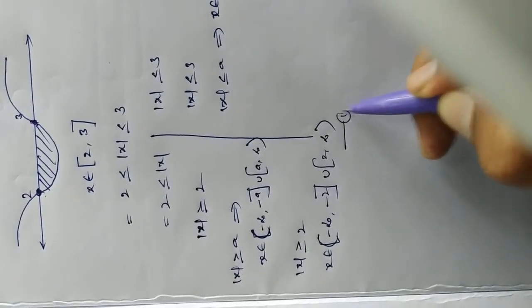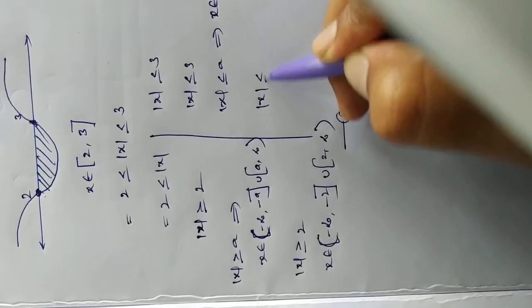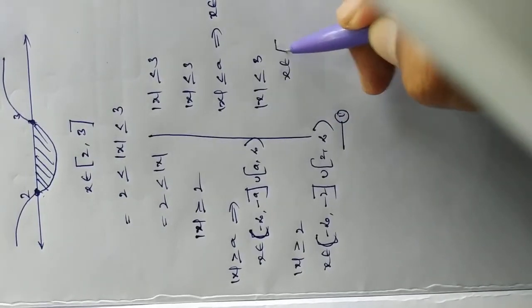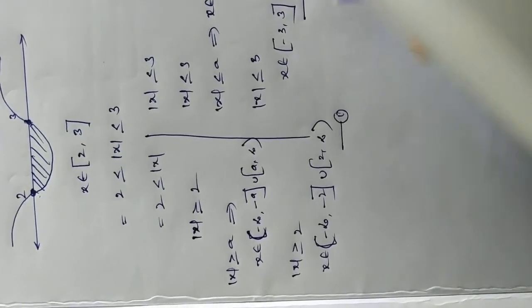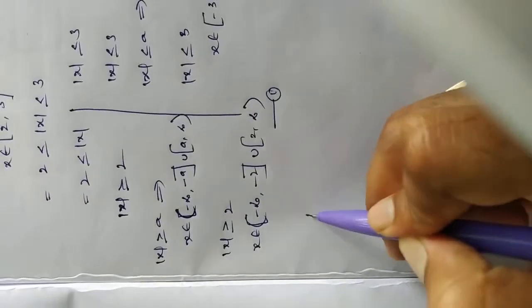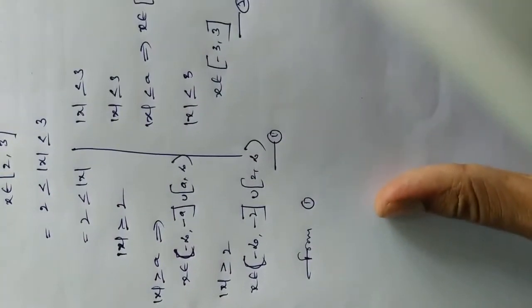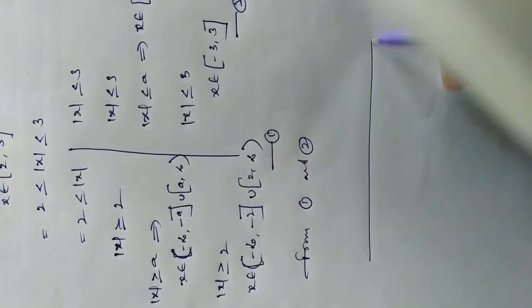This is take 1, and mod x less than or equal to 3 is x belongs to minus 3 comma 3. This is take 2. From 1 and 2, draw the number line.